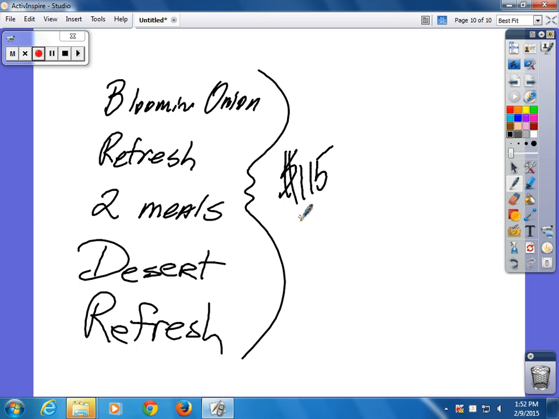Okay, $115, and you want to give the waiter or waitress a good tip. You don't want to give 25%, but 20% is a good tip.